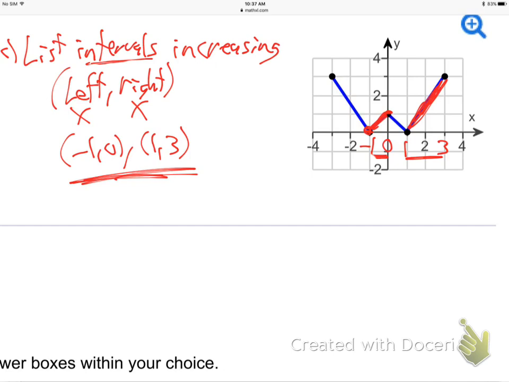Right at -1, right at that dot, you're not going up or down because you're at one dot. So technically it's only between the edges that you're really rising. I wouldn't care if you said -1, 0 on a test. You got the idea.